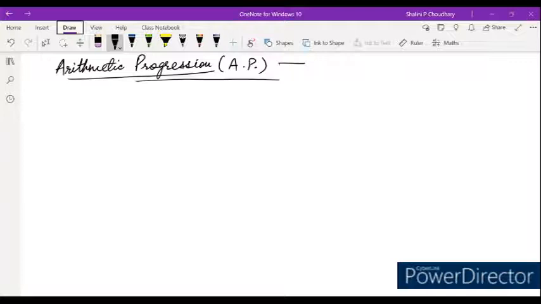In our previous videos, we have started arithmetic progression and we also discussed some properties and concepts. So, a quick revision before moving forward. What is a? a is the first term. d is the common difference.